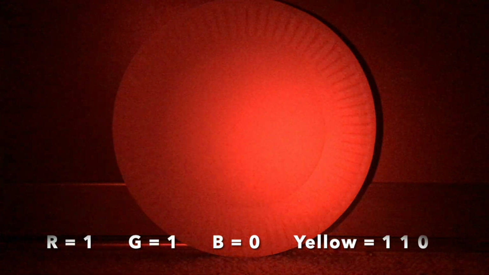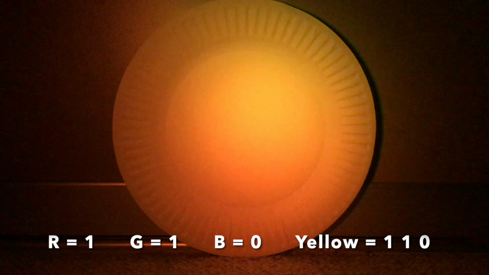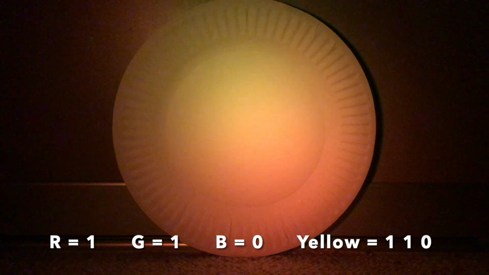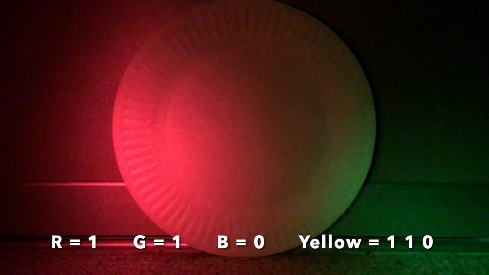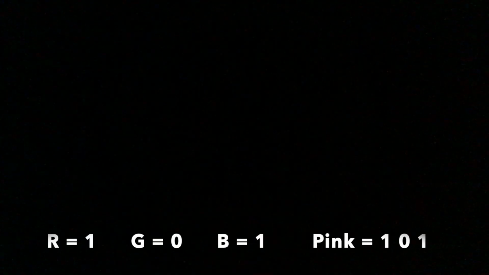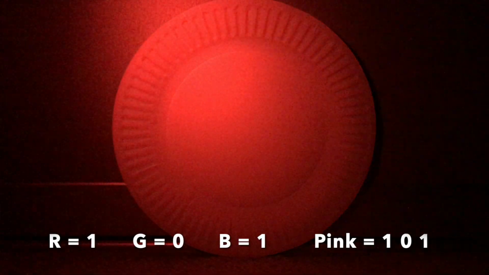If I was going to try and make yellow, then I would turn on the red and the green. So it would be 1, 1, 0, because the blue's not on. When you mix them together, you get the yellow colour. If I wanted to make pink, then it would be 1, 0, 1, because you're going to use the red and the blue.